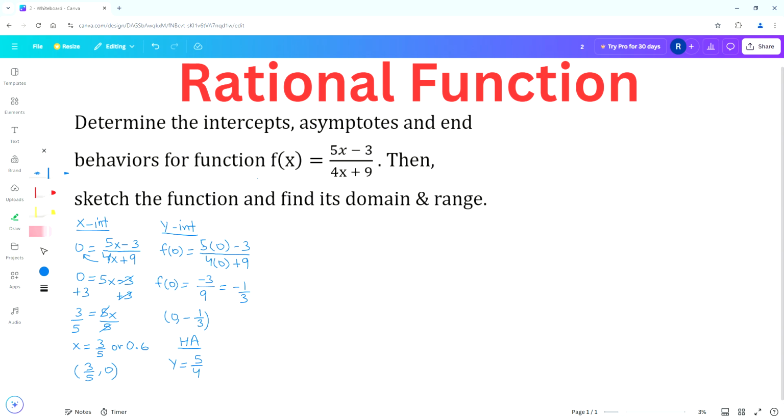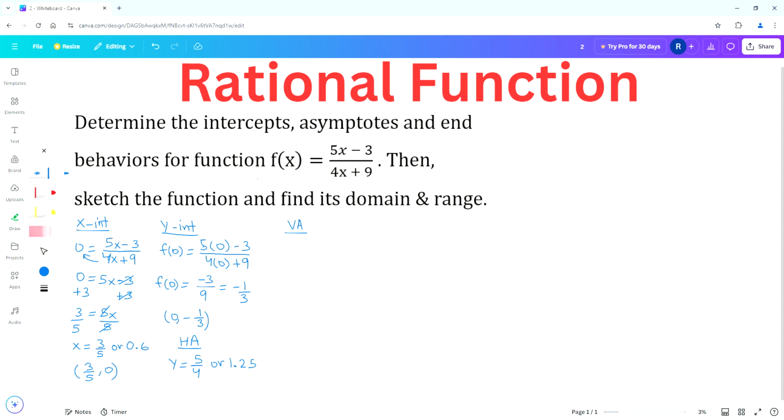I get y equals 5 over 4 or 1.25. There is a very important concept we need to understand and memorize to find the horizontal asymptote for a rational function.